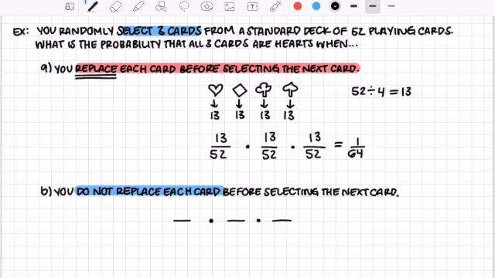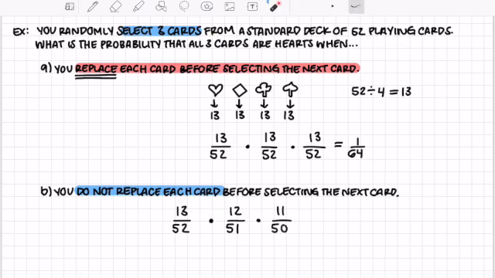So I'm going to start off with 13 hearts, and it's going to start off with the 52 overall. But then, again, I'm going to be taking away 1 card. So we get 12 over 51. And then again, I'm taking another card, 11 over 50.